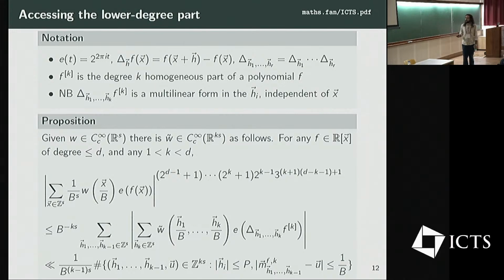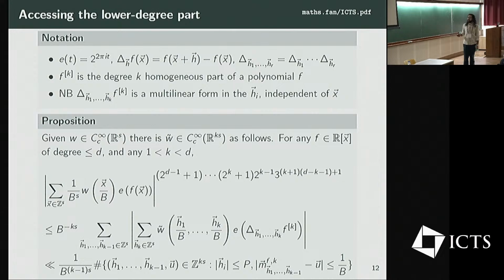And what we would get is, first, a bound in terms of this multilinear form. And here there's no x. I'm using the fact that this doesn't depend on x. There is in fact no x here. X is not defined at this point. We just have the vectors h1 up to hk.